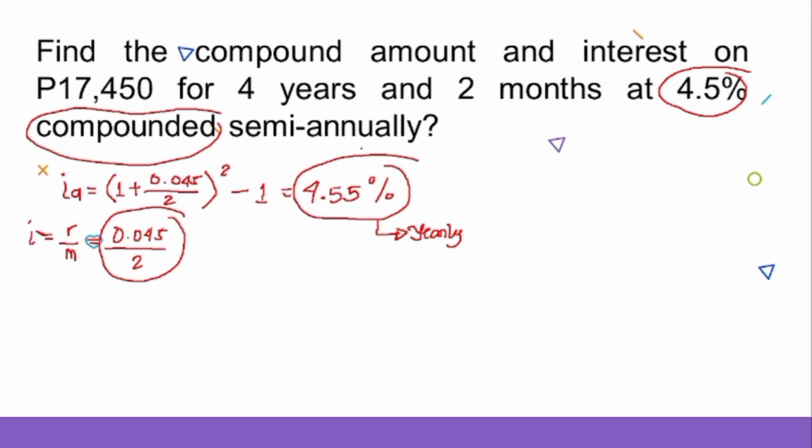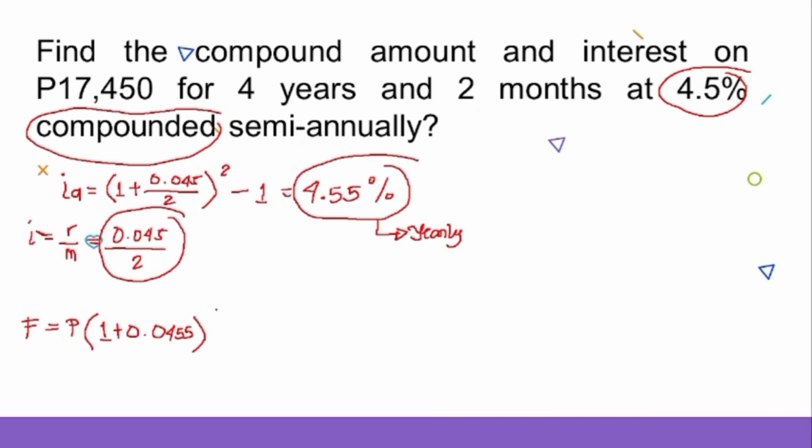So using this one, para magamit natin to sa pag-solve natin ng problem, so that would be, using our equation, F is equal to P times 1 plus our annual interest is 0.0455 raised to 4 years and 2 months.